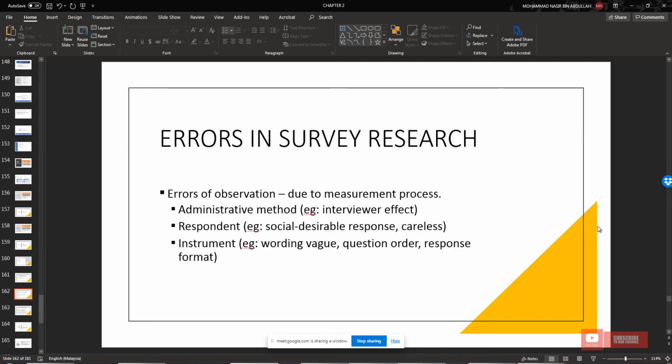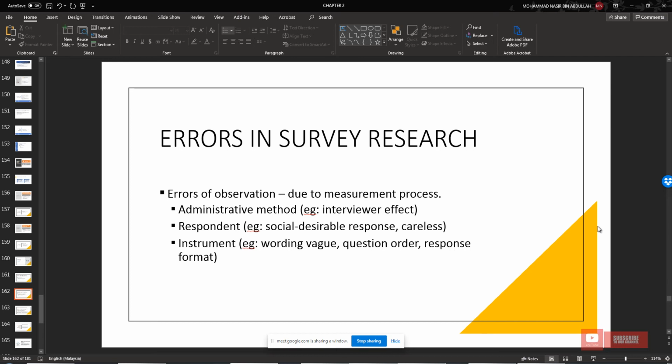So, error in survey research. Error of observation due to the measurement procedure. So administrative method, maybe it's caused by interviewer effect. Respondent social desirability, careless response, instrument wording that is vague, and question order is not in order, right?